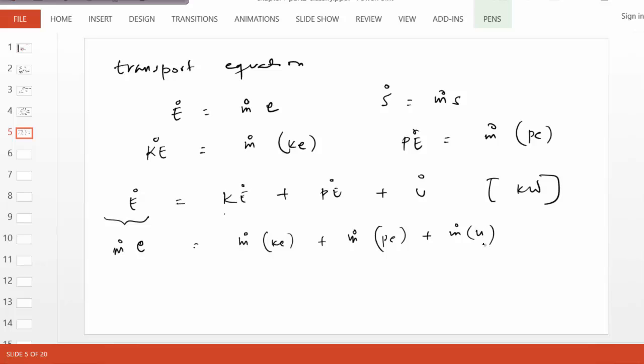Well, we still don't know how to find U of a flow, for instance, or a substance. We'll figure that out when we do chapter 3. But we sure know how to find small ke and small pe. These are specific kinetic energy and specific potential energy. Therefore, we can figure out how much energy is carried by a flow. So that's a new concept.